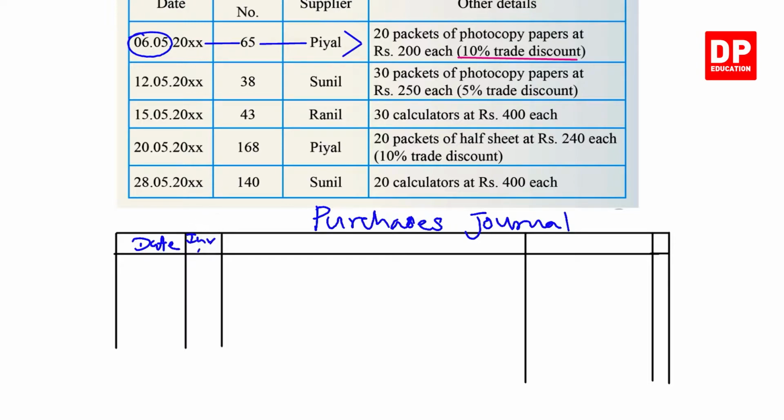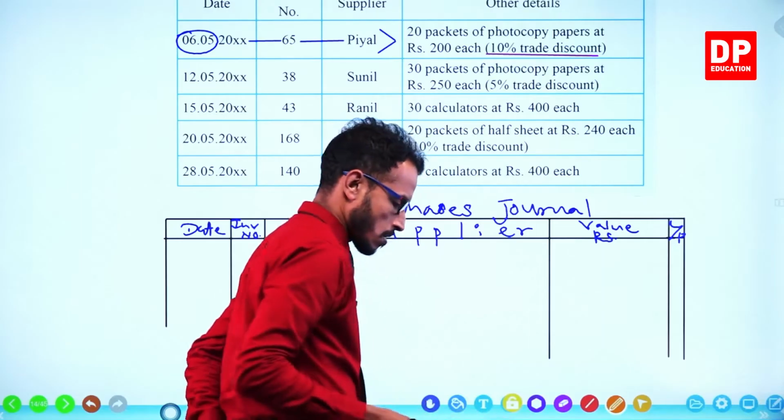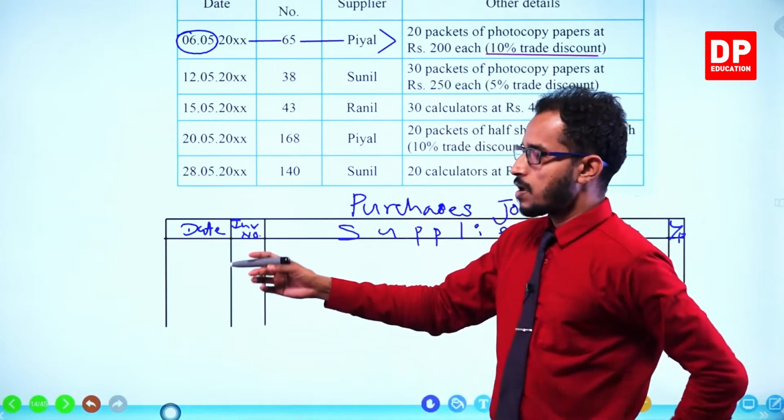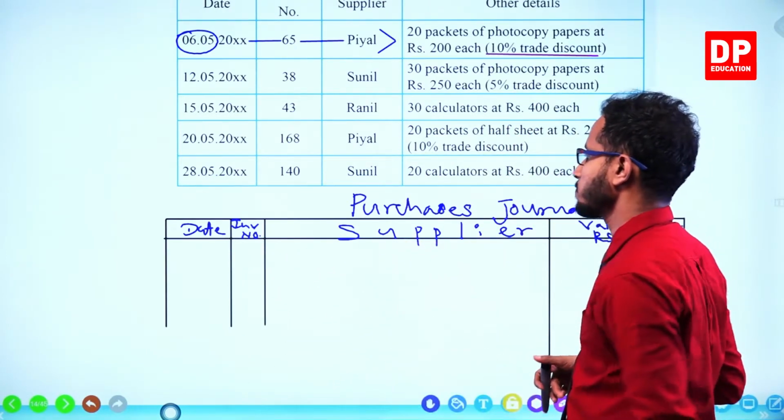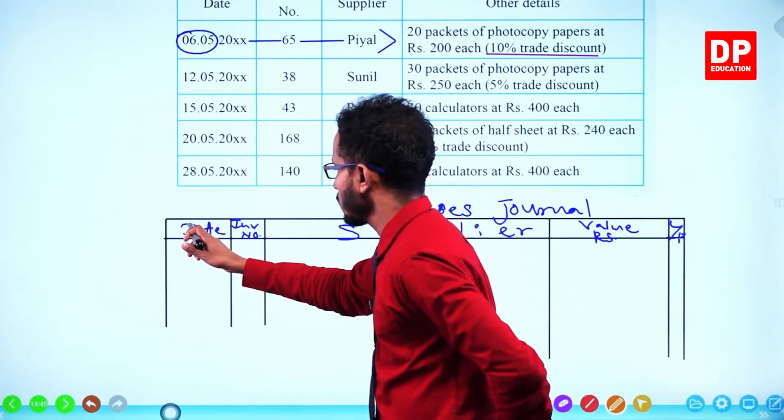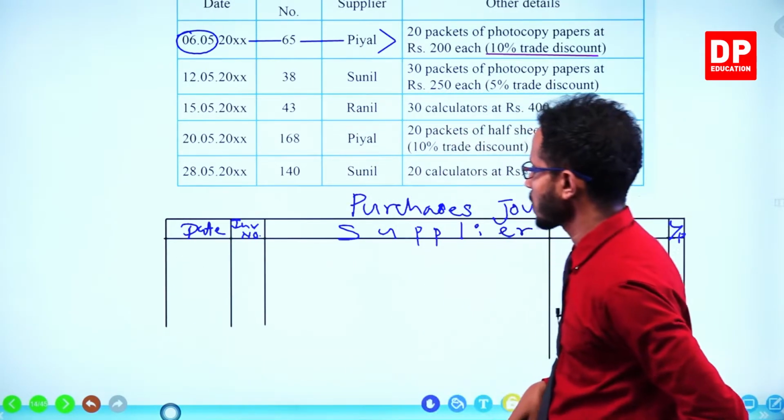Invoice number. Supplier. Value. Rupees. Ledger page. Okay, so that you can have a good look. This is the format of the purchases journal.